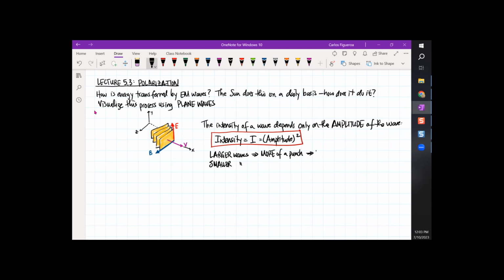That's because they are more intense. If you have a bigger amplitude, then there's more of a punch in the wave, and therefore we say it's more intense. If it's a smaller amplitude or smaller waves, they have less of a punch, so they're less intense. So physically, it makes sense that way.